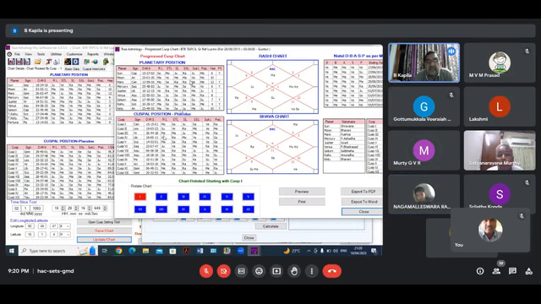Now, since this is the death of the grandfather, the ascendant is the 5th house, the 8th house is the 12th house, and so on. We will rotate it. I rotate it through the 5th because the 5th is the ascendant.